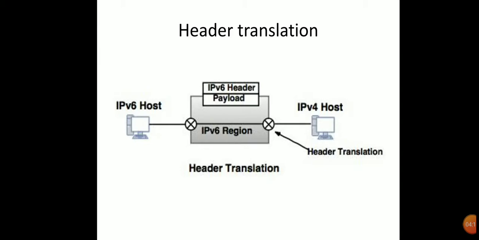This is header translation. The IPv6 region is used to hold the data and convert it to the IPv4 version protocol. Header translation is very important to help the data link layer with data recovery, avoiding duplicate data, and error-free communication to the IPv4 destination point.